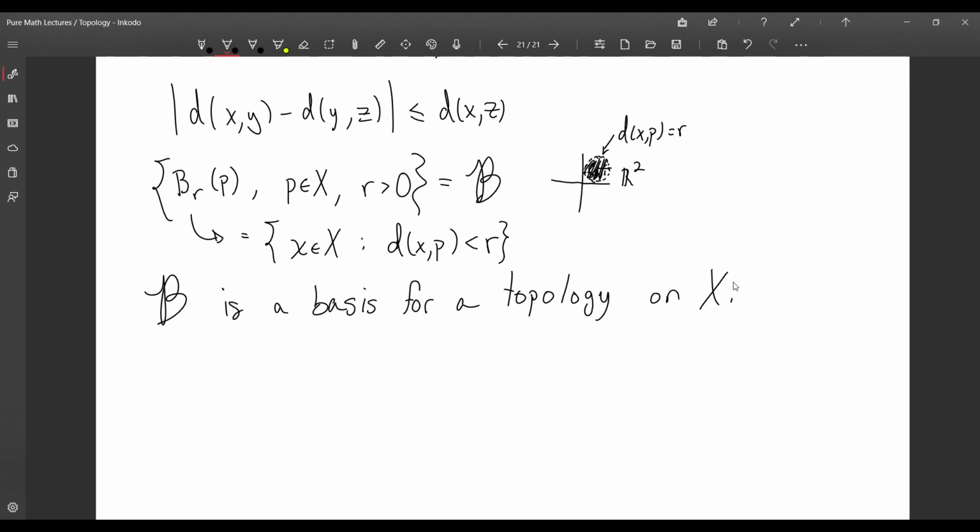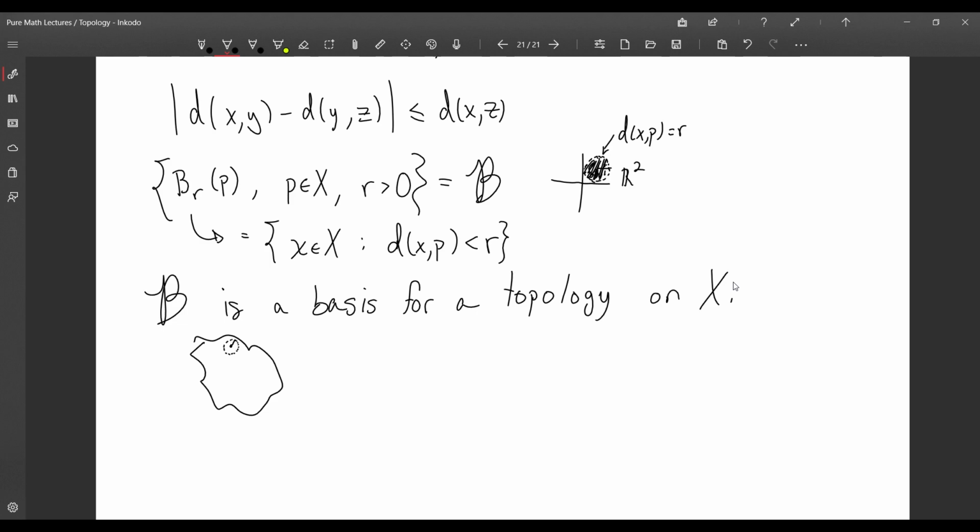The proof is essentially that if you have some set, then you can use the triangle inequality to construct some ball which is contained in here, right?